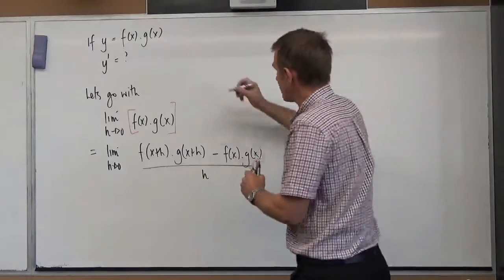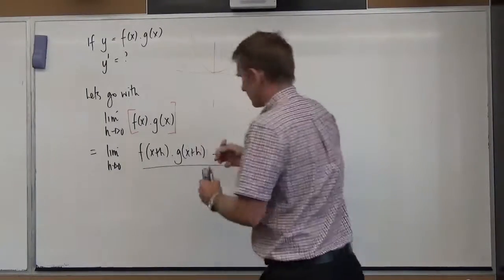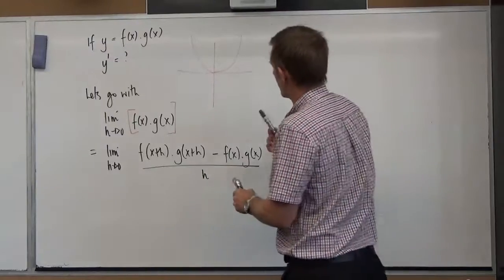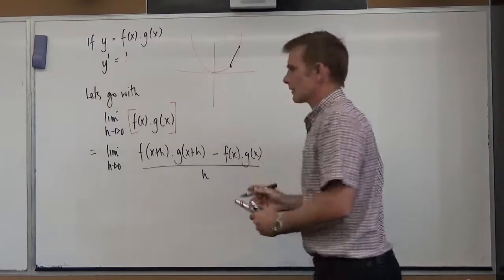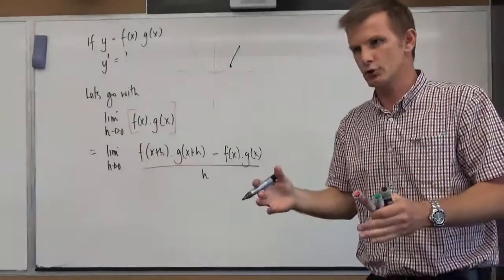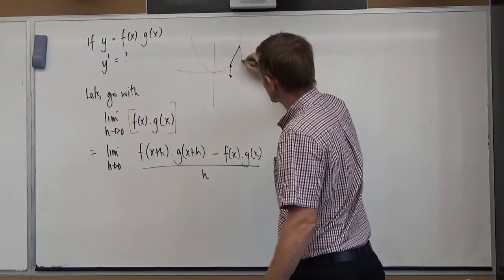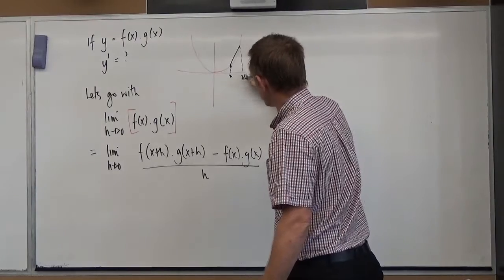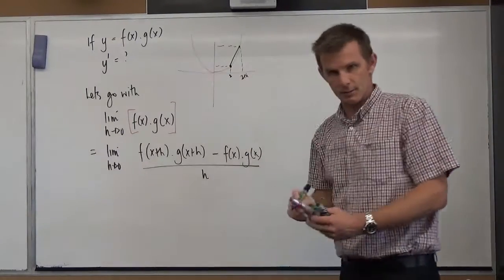Quick recap, I'll rub this out in a sec. If I have a function like this, and I have a point here and a point here, effectively I'm working out the gradient of the line between those 2 points. This one here I would call x. This one here would be x plus h. Similarly, this would be f of x and f of x plus h.